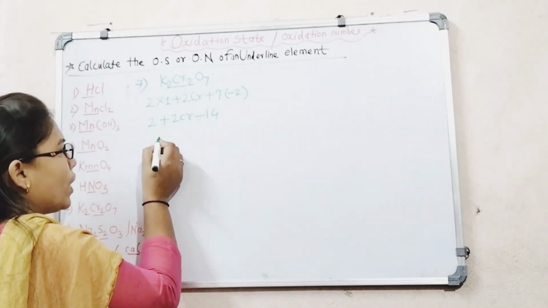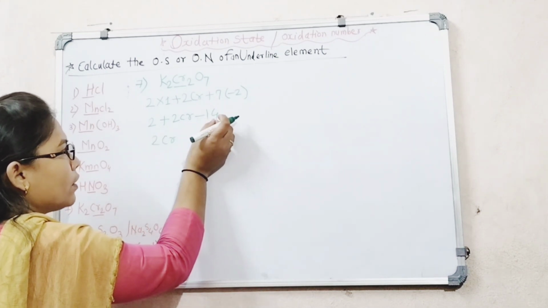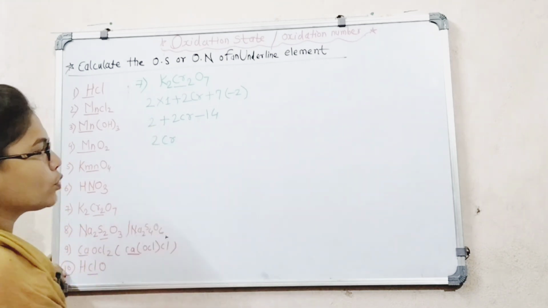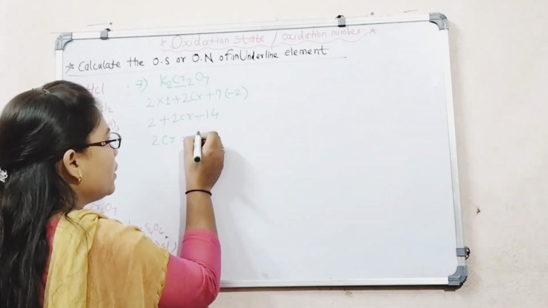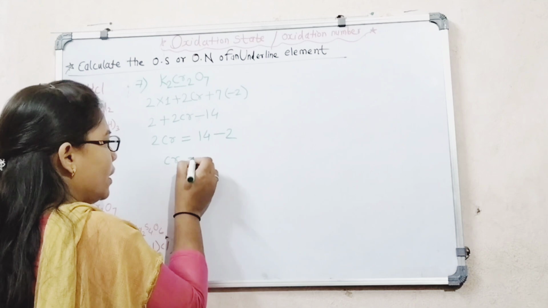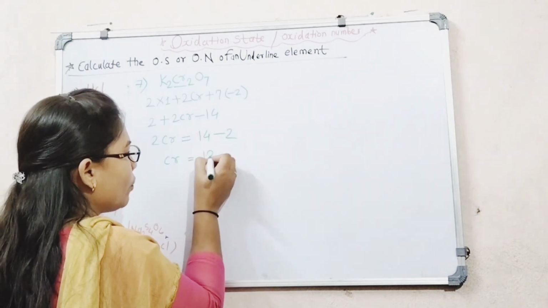Then we know that the minus 14 becomes plus 14, and this plus 2 becomes minus 2 when they go beyond the equal sign. So I write here plus 14 minus 2. Cr is equal to 14 minus 2, 12.